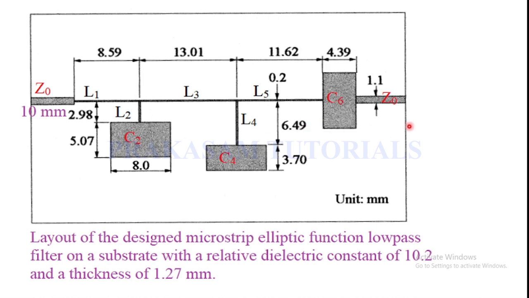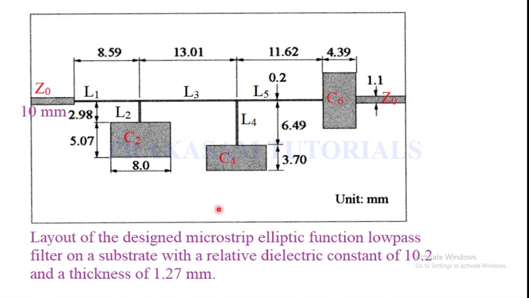At both ends of the substrate we use a 50 ohm transmission line. The length of the 50 ohm transmission line is 10 mm. Using a microstrip online calculator, calculate the width of the 50 ohm transmission line, which here is 1.1.